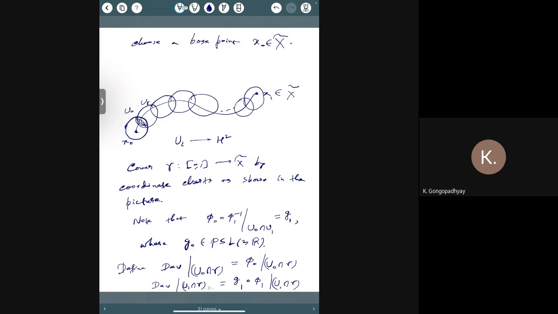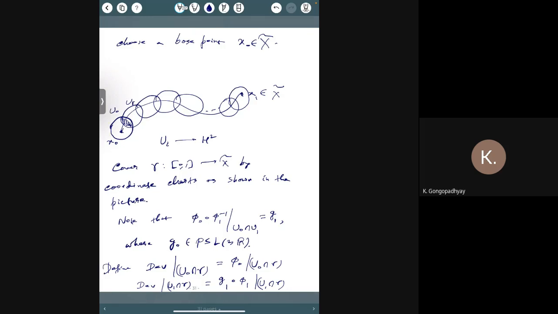So then what happened? When you end here, you have defined the developing map throughout the whole path. All right. So define the developing map restricted to UN intersection gamma is G1, G2, Gn, compose phi n restricted to UN intersection gamma.